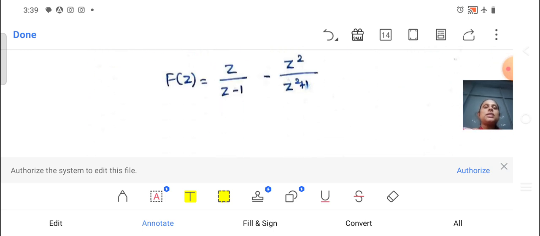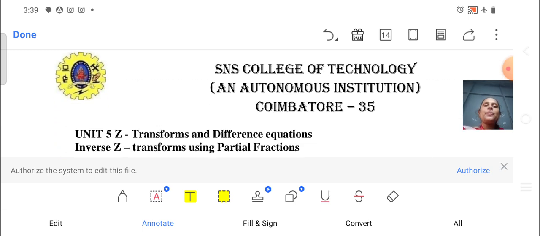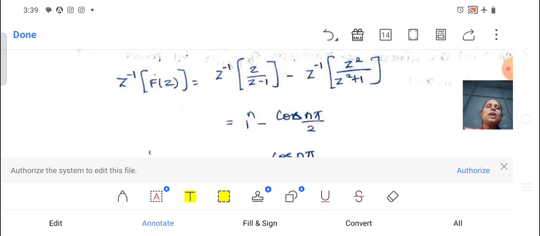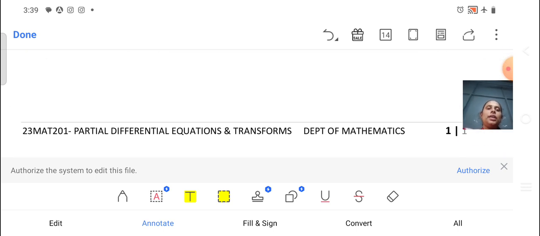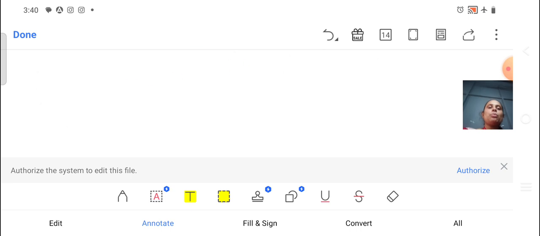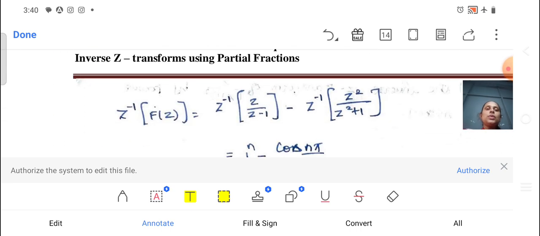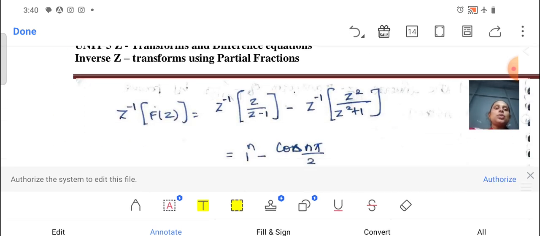After substituting the A, B values, F(z) equals z divided by (z − 1) minus z² divided by (z² + 1). Next, we take the inverse Z transform on both sides.